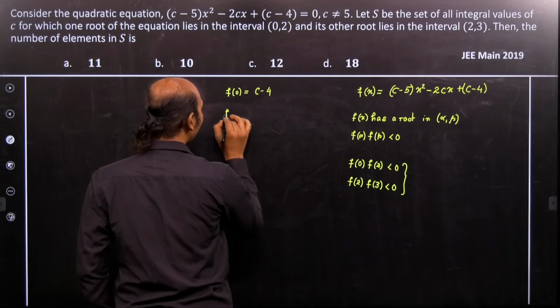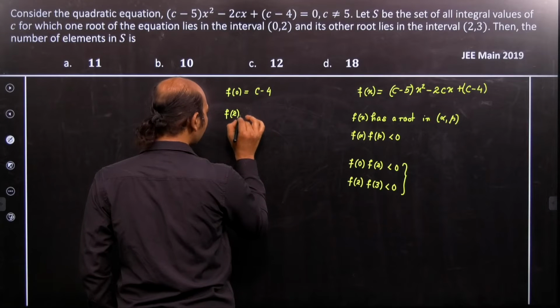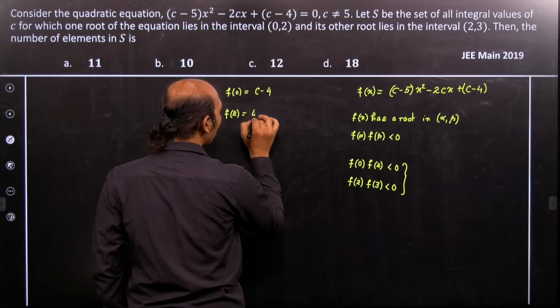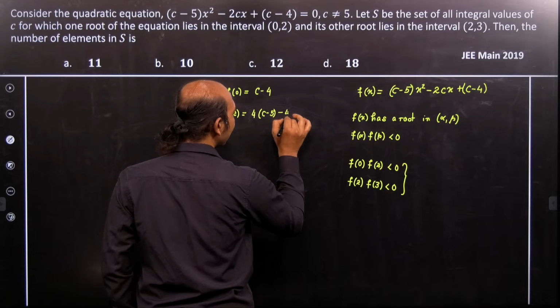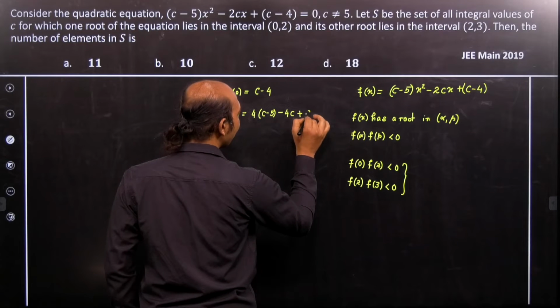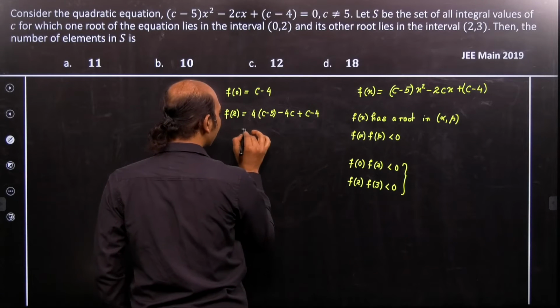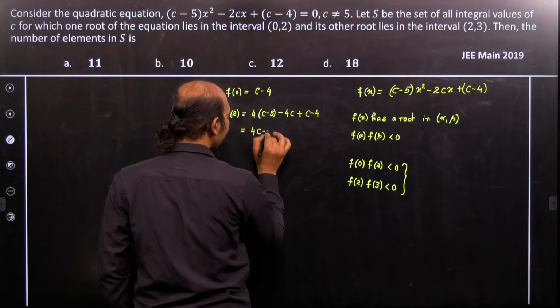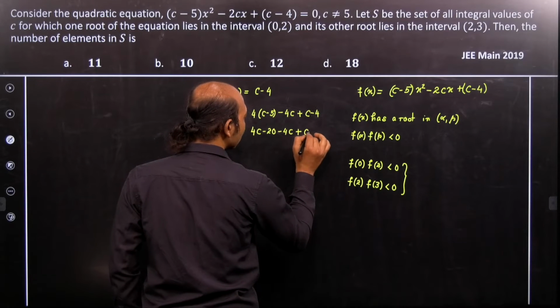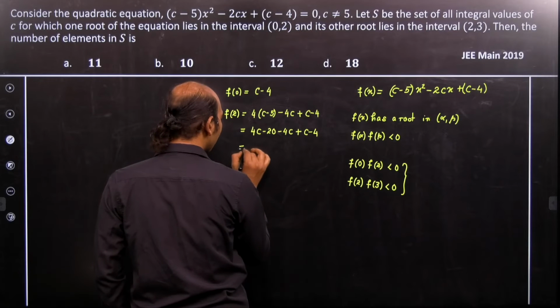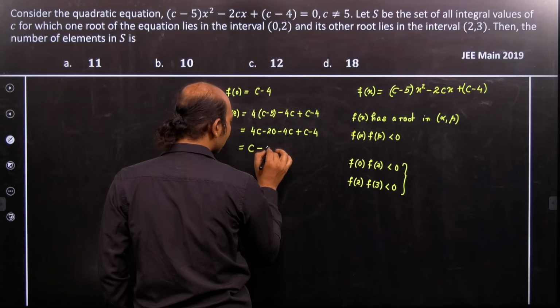If I calculate the value of f(2), it is 4 multiplied by (c minus 5), and we have minus 4c plus c minus 4. If I solve it, we find 4c minus 20 minus 4c plus c minus 4, which definitely gives you c minus 24.